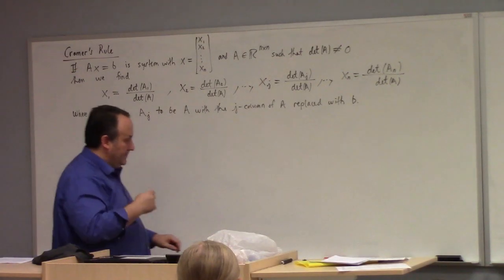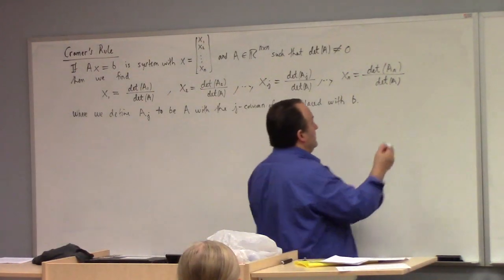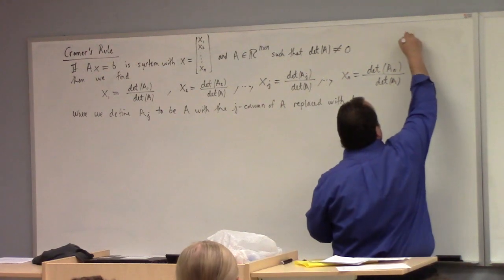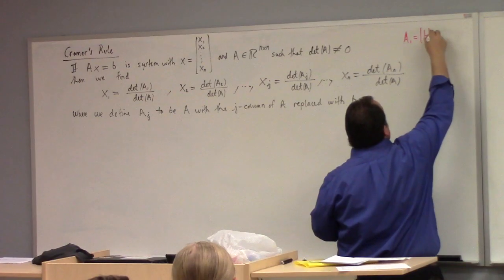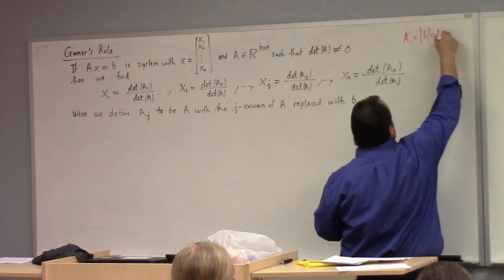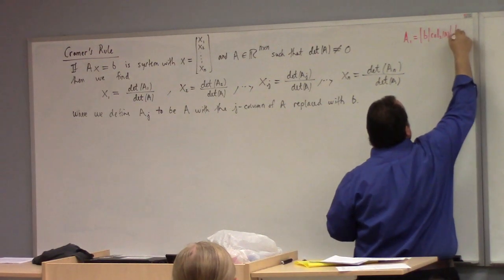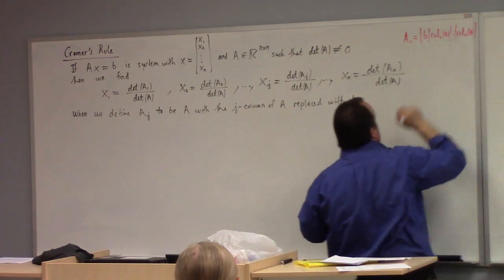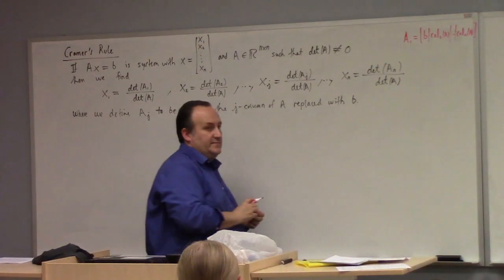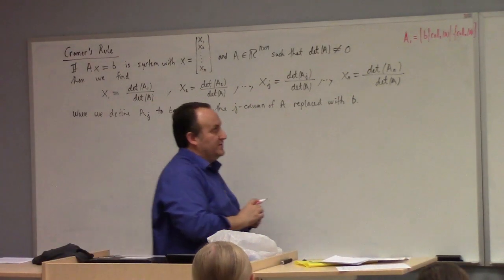So like, for instance, A1 would be B, and then you've got column 2 of A all the way out to the end. After the first column, the rest of the columns are unmolested. All right, they're like usual.